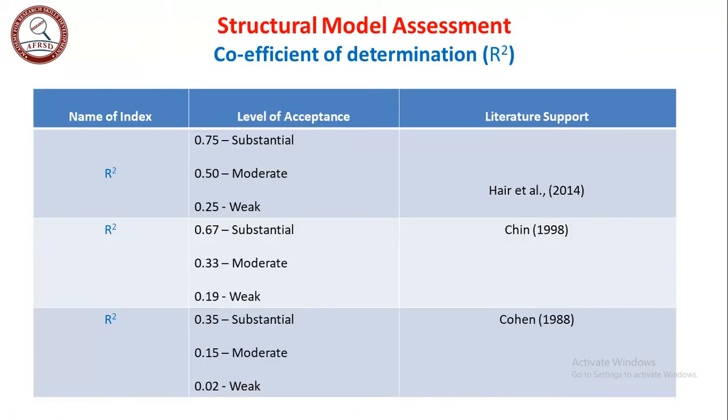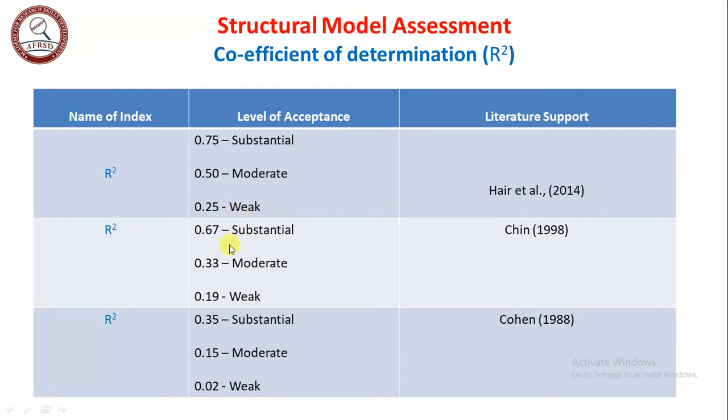According to Hair, 75% is substantial, 50 to 75% is moderate, and 25 to 50%, up to 49%, is weak.